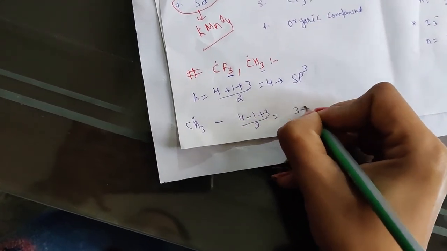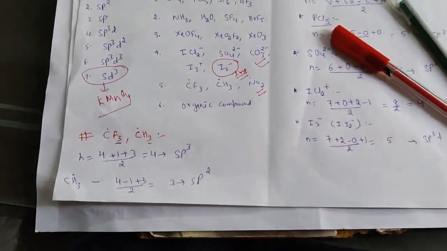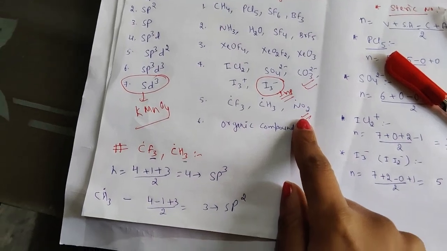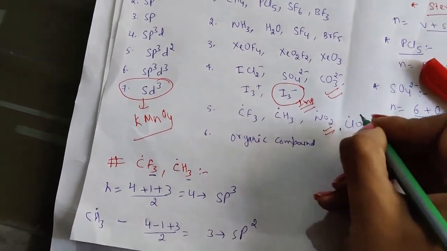So it will come 3, which means sp2. For radicals like NO2 or ClO3, you can calculate any kind of hybridization by this method.